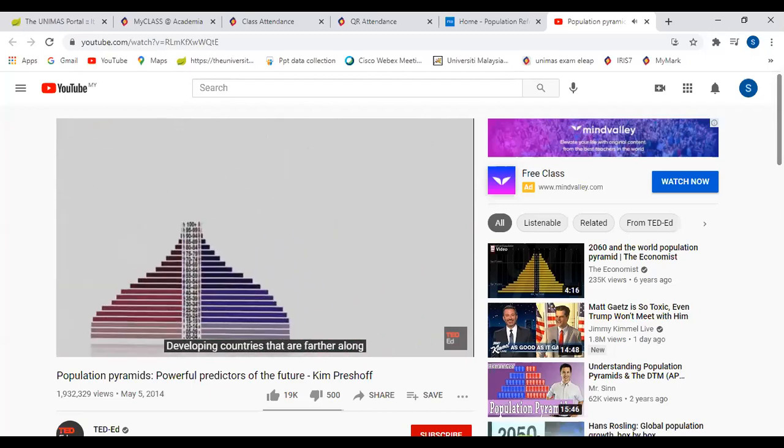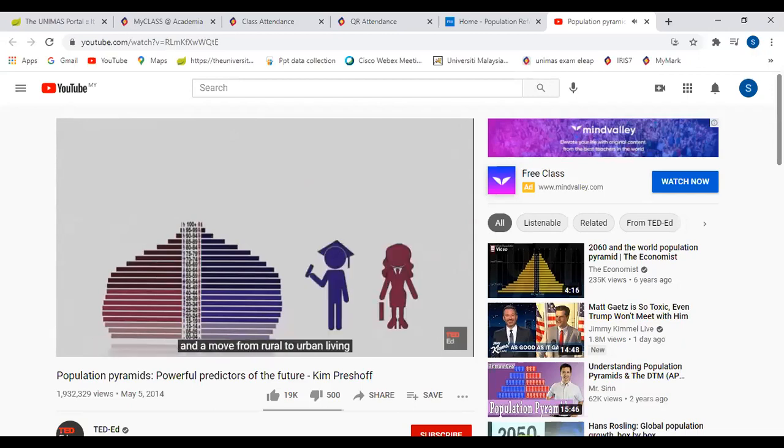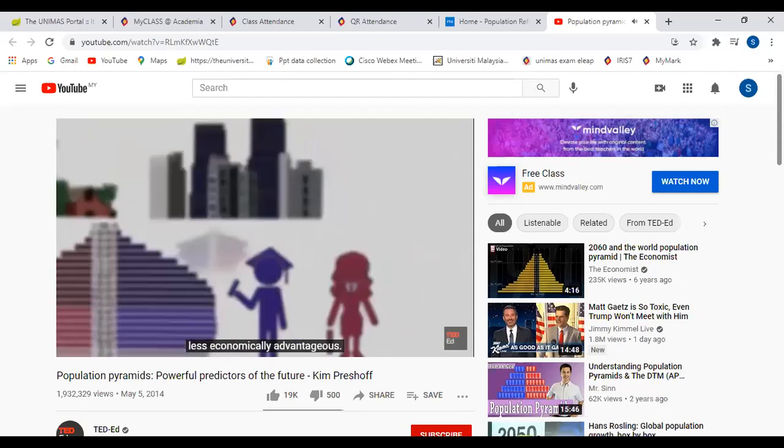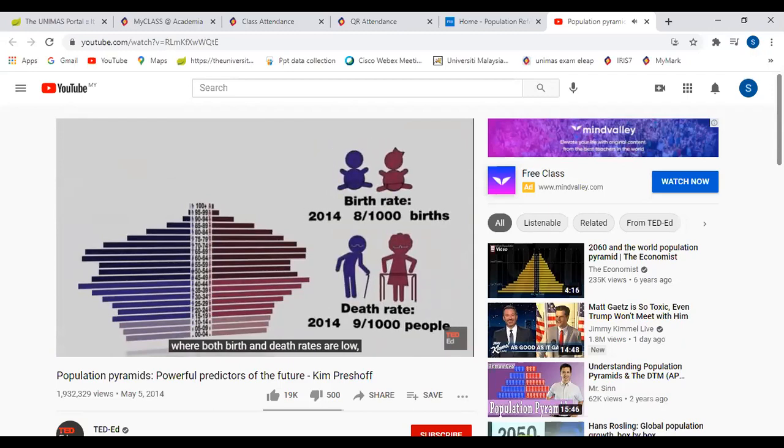Developing countries that are farther along in the industrialization process begin to see a fall in birth rates due to factors such as increased education and opportunities for women outside of childrearing, and a move from rural to urban living that makes having large families less economically advantageous. Finally, countries in advanced stages of industrialization reach a point where both birth and death rates are low, and the population remains stable or even begins to decline.